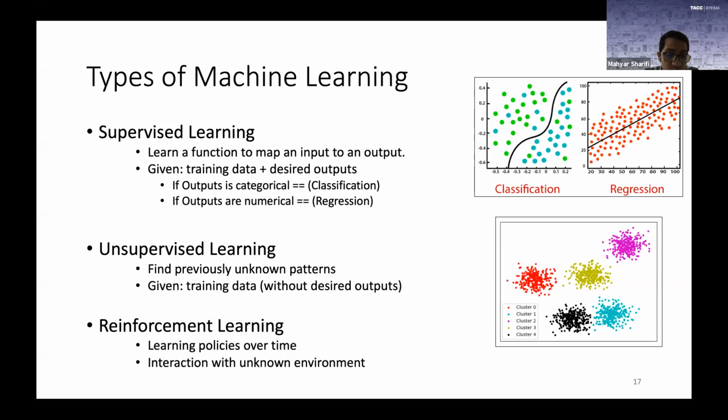So you have your training data with desired outputs, the ground truth. If the thing that you are trying to predict is categorical or binary, then you are trying to make a classification, like whether it's going to be green or blue. And if the outputs are numerical, then you're dealing with a regression problem.